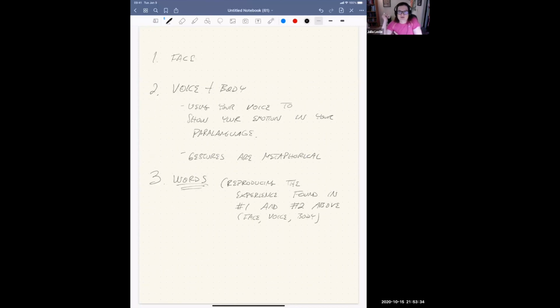Now, what do I mean by reproducing the experience? It's in such a way by using words to cause people to imagine what they would see, hear, or otherwise observe in someone expressing emotion.